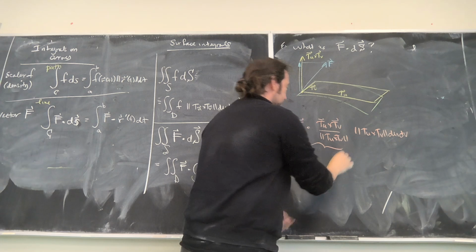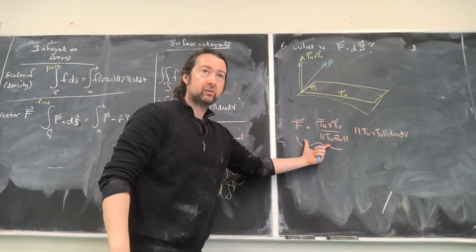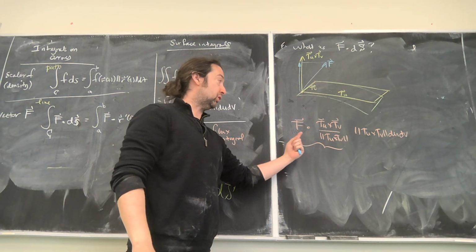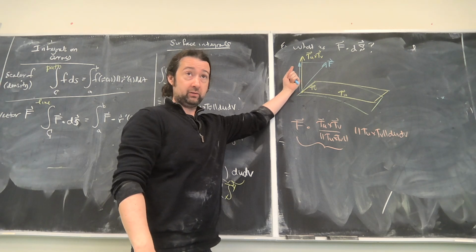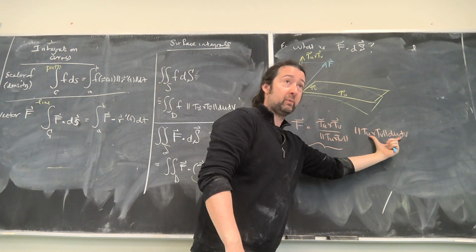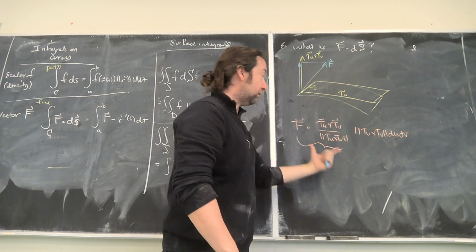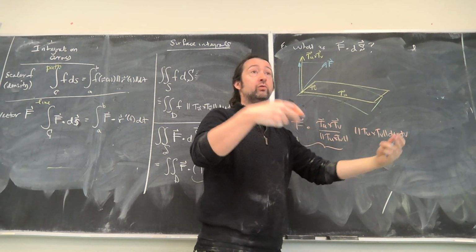So this calculates how much of F points normal to the surface, because you're projecting F into the normal direction. Then you multiply by the area of the parallelogram, and what you get is velocity times area, which is volume per time instead.